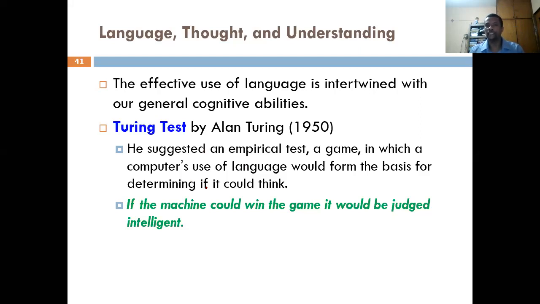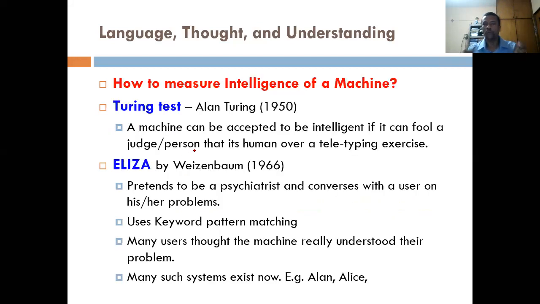If a machine can win a game, then you can judge it to be intelligent. You can say that it has some understanding, it has some thought. So how can we measure the intelligence of a machine? A machine can be accepted to be intelligent if it can fool a human being. If you interact with the machine and you are fooled into thinking the machine is a human being, then it means the machine is intelligent.